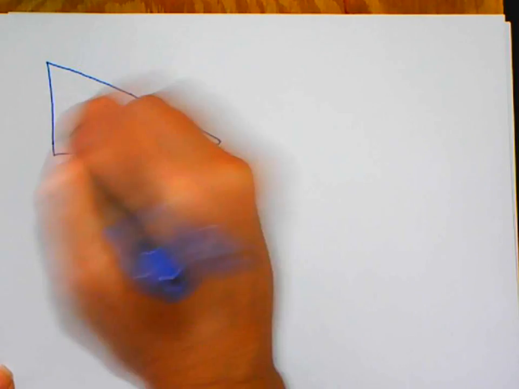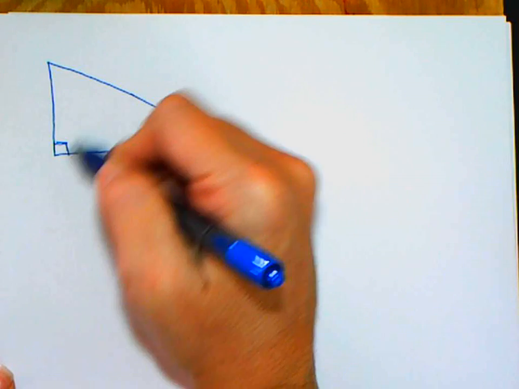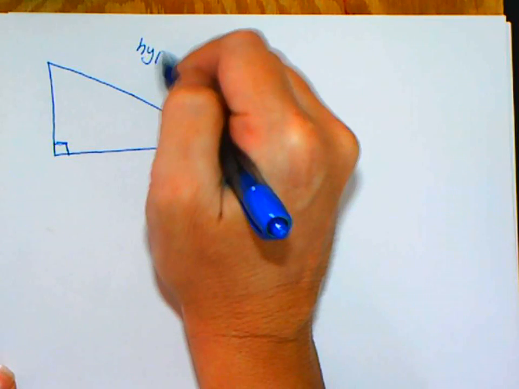Little review, because you're going to be dealing with 30, 60, 90-degree triangles and 45, 45, 90-degree triangles on the unit circle. So you have to know how those side lengths relate to each other. So if you have a 30, 60, 90-degree triangle, remember, your 90-degree angle is always directly across from your hypotenuse.